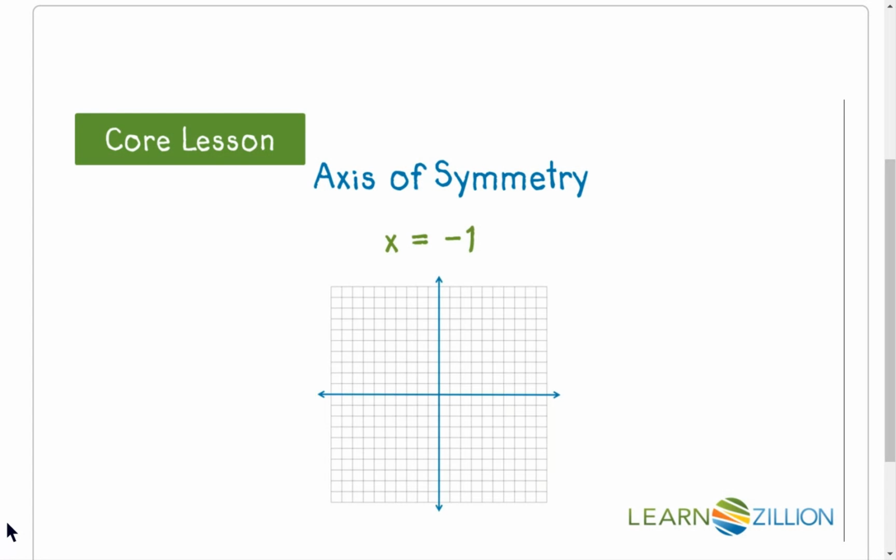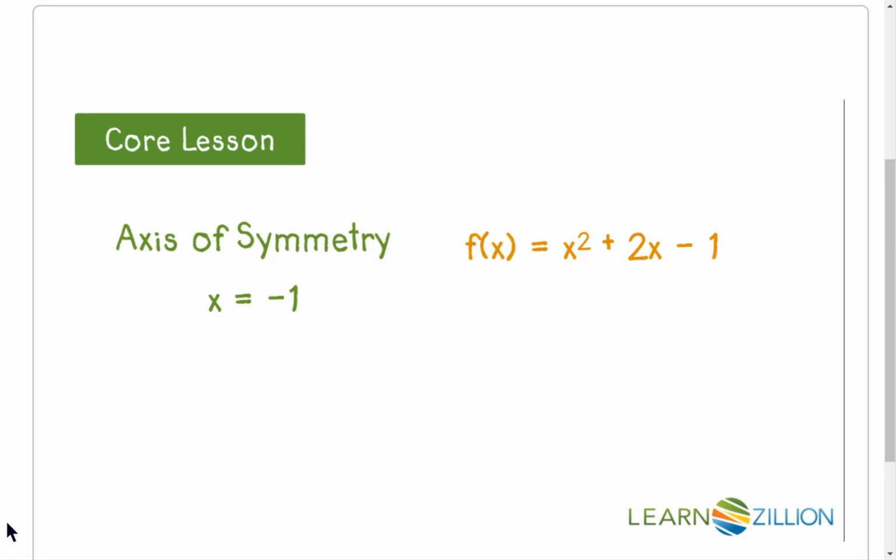We want to graph that on a coordinate plane. The axis of symmetry is a vertical line where x is equal to negative 1. In order to find the vertex for our function, we need to take the negative 1 and substitute it in for x in our formula. But we need to remember that f of x is equal to y.